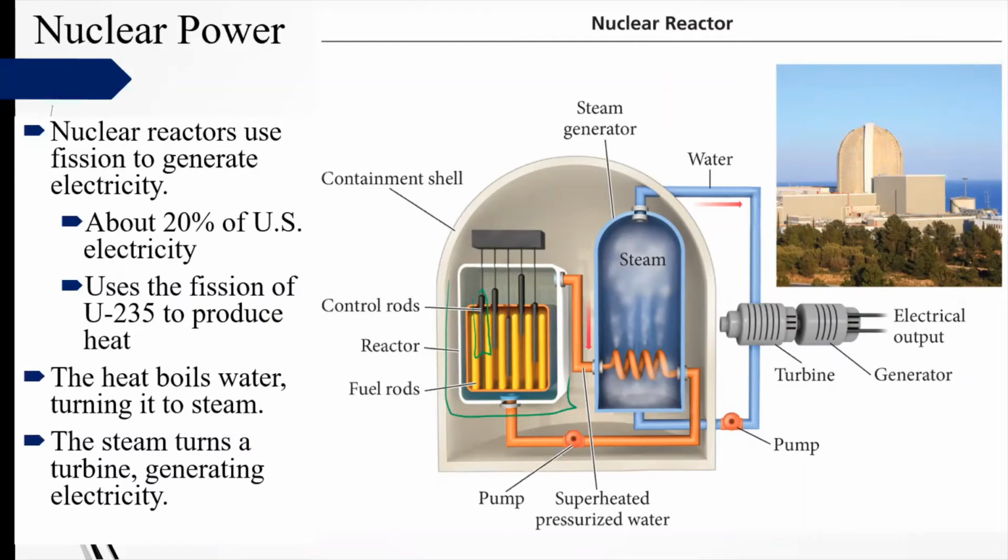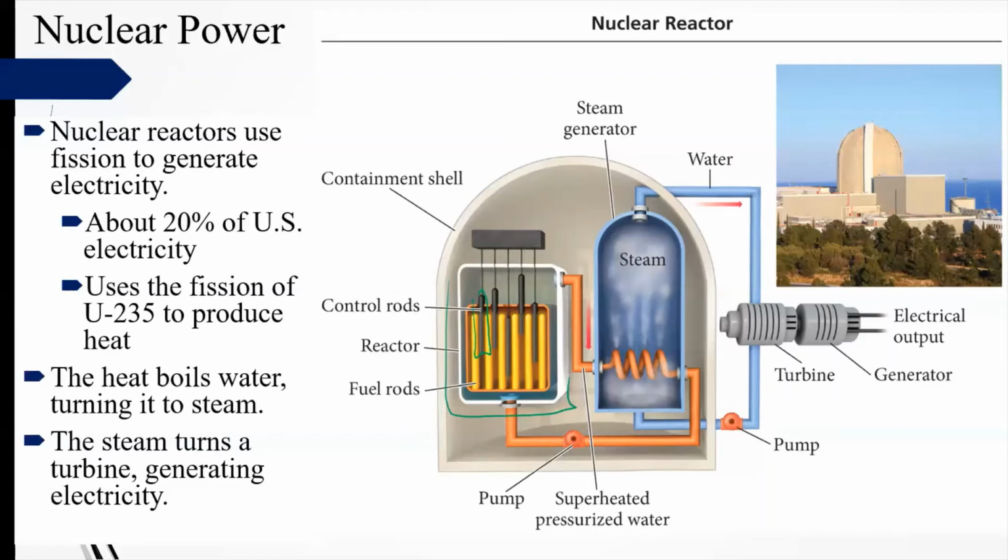The more those rods are pulled out, the more those neutrons will find other uranium-235. When those control rods are placed inside, they absorb the neutrons, which helps slow down the process, as those neutrons can't go on to collide with other uranium-235.